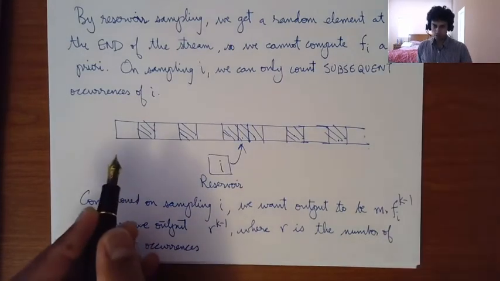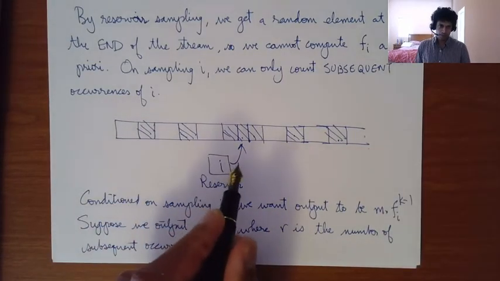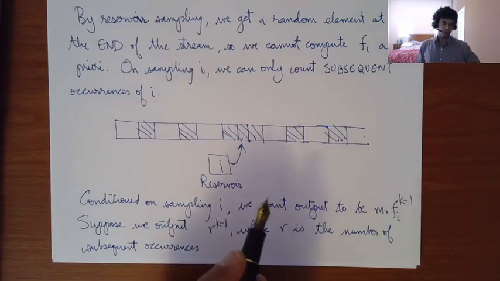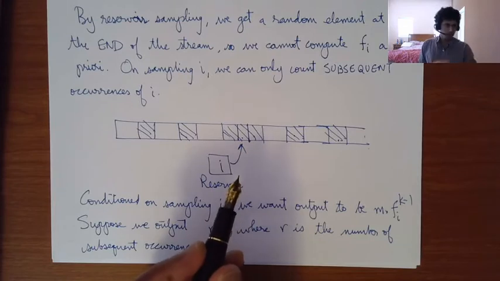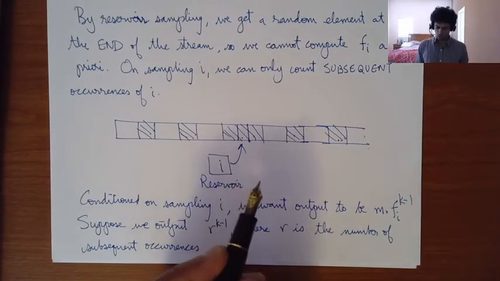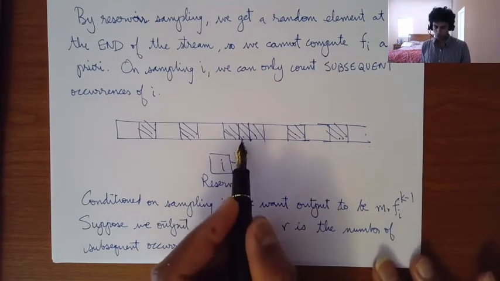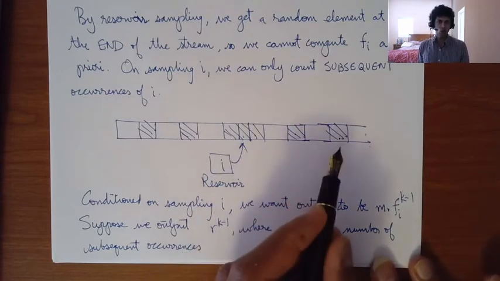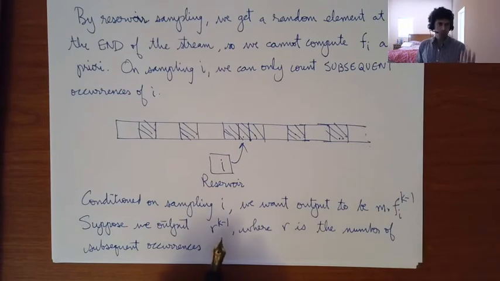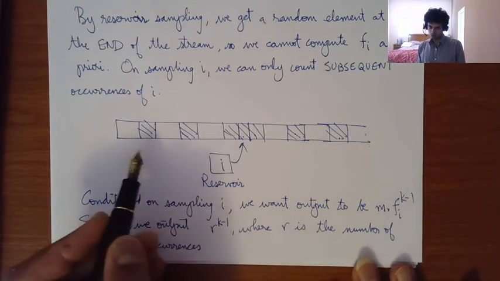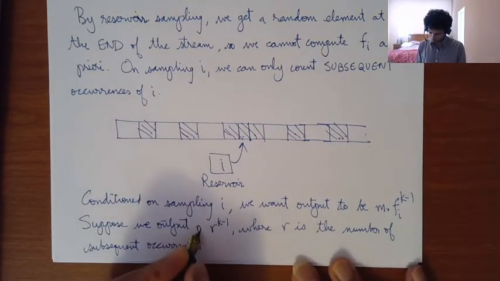Think of your reservoir as going through the stream, and at some point it decides to keep i and stick with i for the rest of the stream. At that point, you can start counting the number of subsequent occurrences, and output r to the k minus 1, where r is the number of subsequent occurrences. Ideally, you want to count all occurrences, and I'll say m times that.